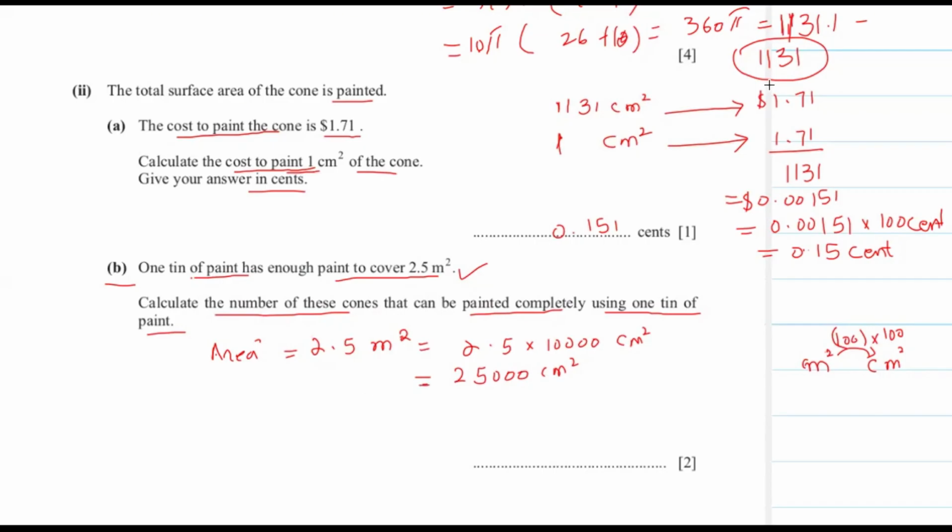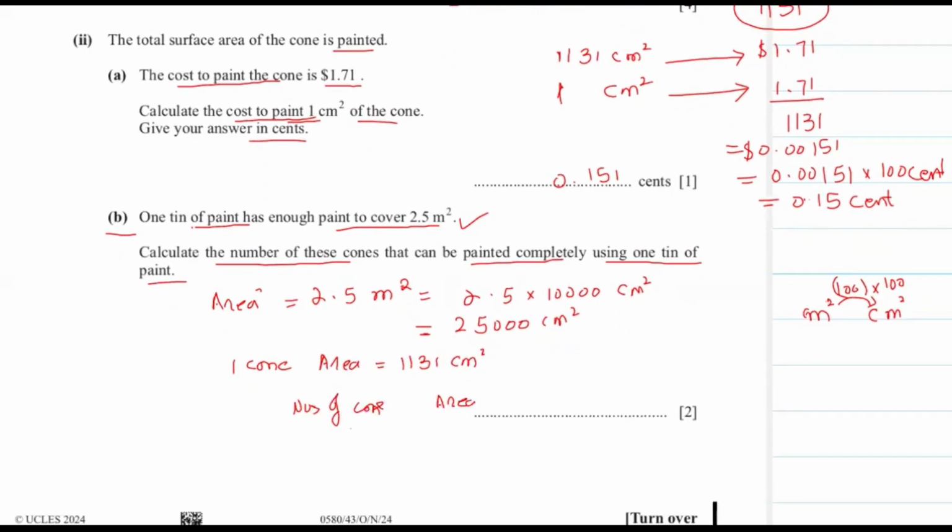And here the area of one cone is 1131 centimeter square. We write number of cone 1, the area is 1131 centimeter square. When the area is 25,000 centimeter square, the number of cones we suppose is x, and we can calculate this value by using the arrow method.